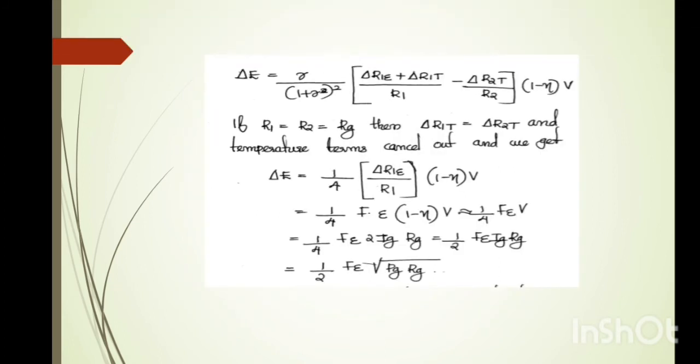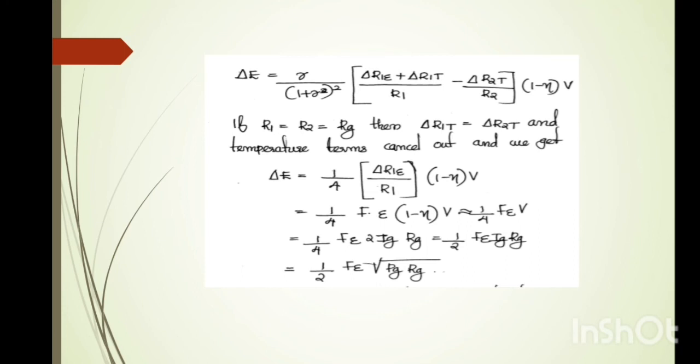Delta E equals R by (1 plus R) the whole square into (delta R1 epsilon by R1 plus delta R1T by R1 minus delta R2T by R2) into (1 minus eta) into V. If R1 equals R2 equals G, then delta R1T equals delta R2T, and the temperature terms cancel out and we get delta E equal to 1 by 4 into delta R1 epsilon by R1 into (1 minus eta) into V. 1 by 4 into delta R1 epsilon by R1 can be written as F epsilon.